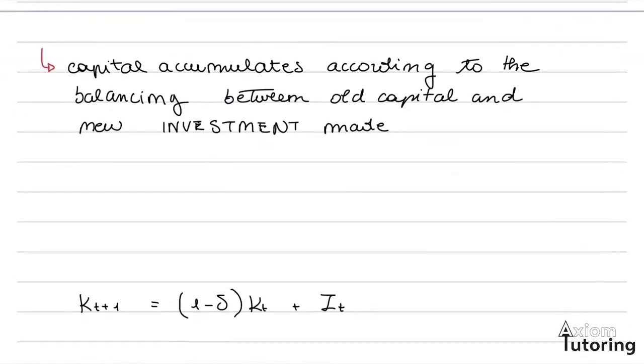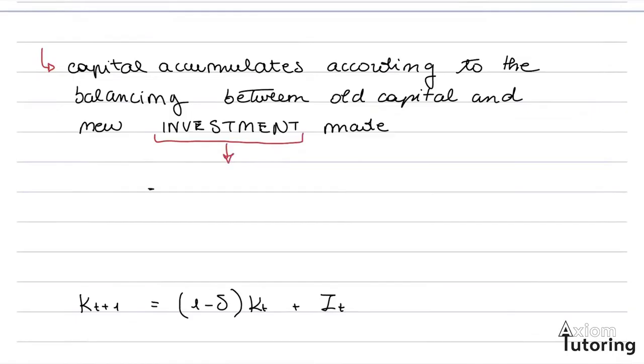We said that capital accumulates according to this balancing between old capital and new investment made. But now, if we really want to fully define the aggregate way of explaining capital accumulation, we have to recall what investment is here. What is investment?